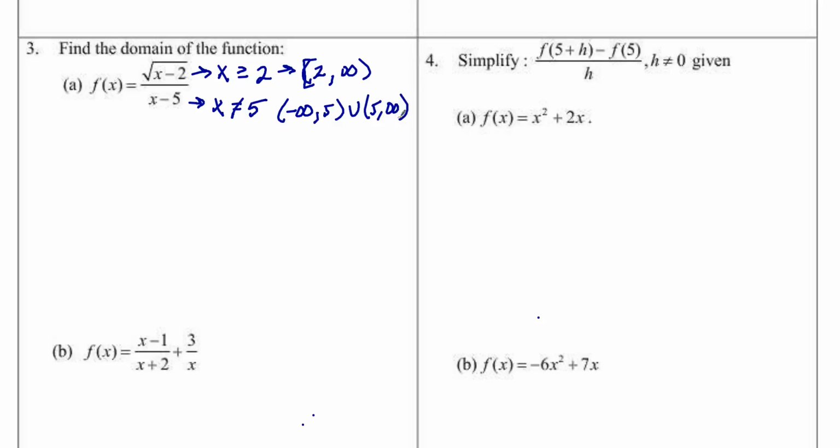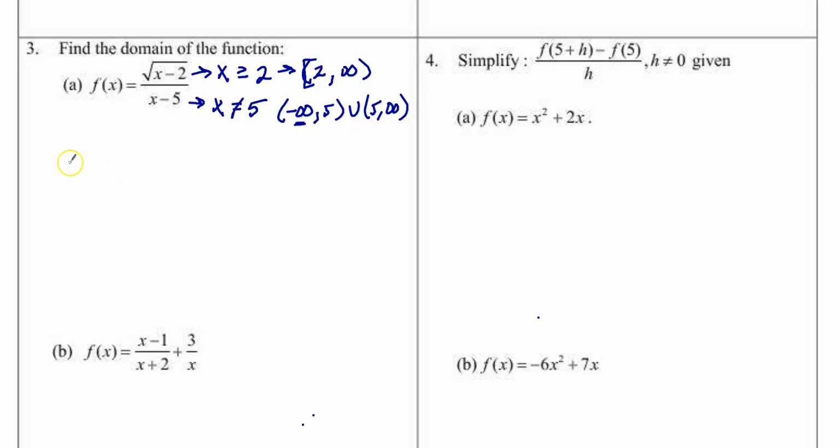So when we look at these two domains separately, we just have to decide which one is the most restrictive. Well, obviously the top one starts at 2 and goes to infinity. So that means that this negative infinity part is out. But everything else seems to be okay except for the number 5 in here. So we have to combine the two domains together and say that we can pick any number starting at 2 and going to infinity, but we have to exclude the number 5.